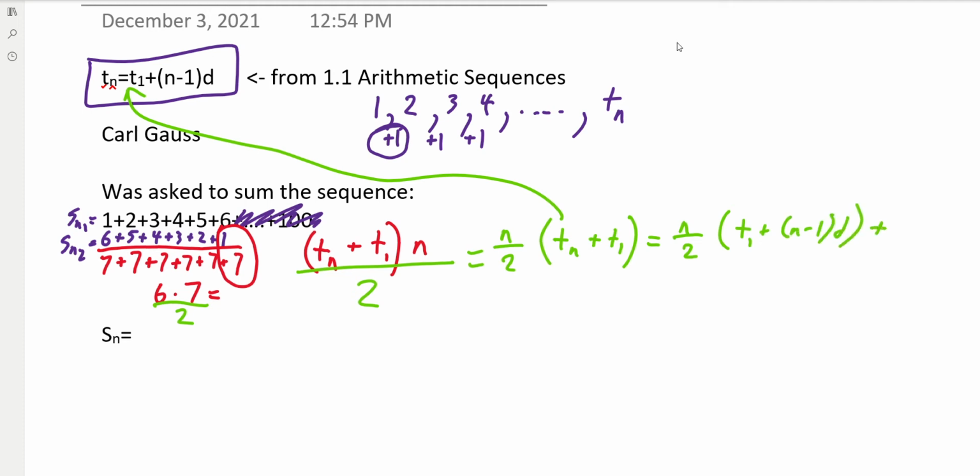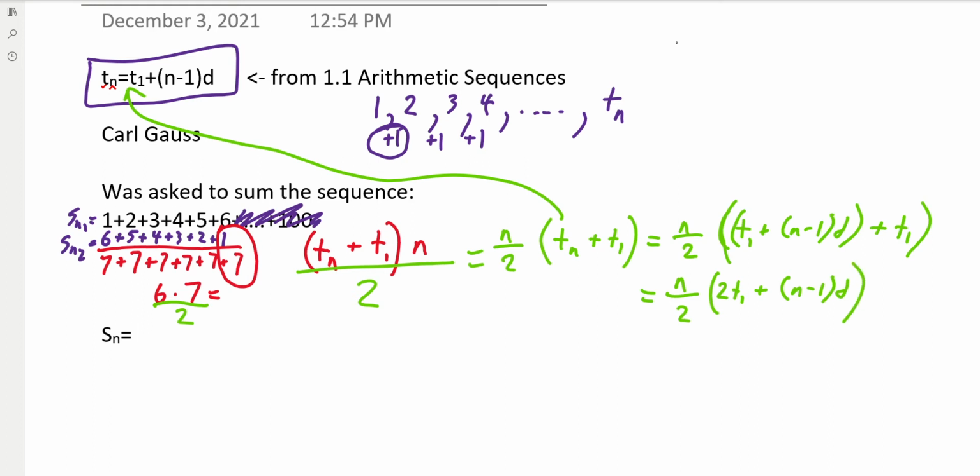And we have t1 over here already, so we can put those two t1s together. Now our most simple version is 2t1 plus n minus 1 times d.